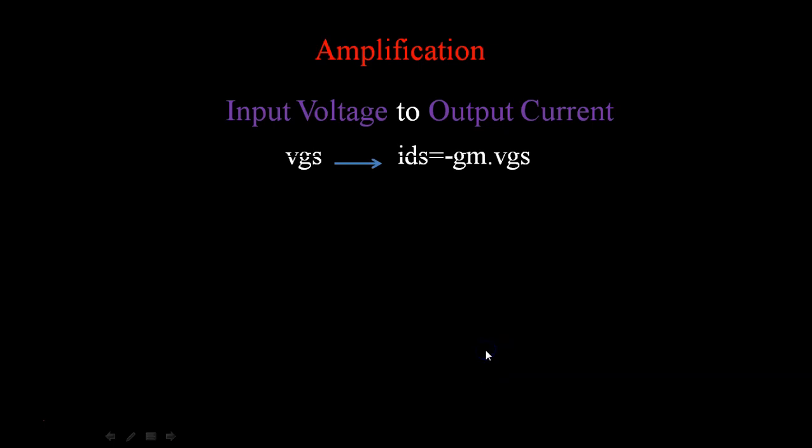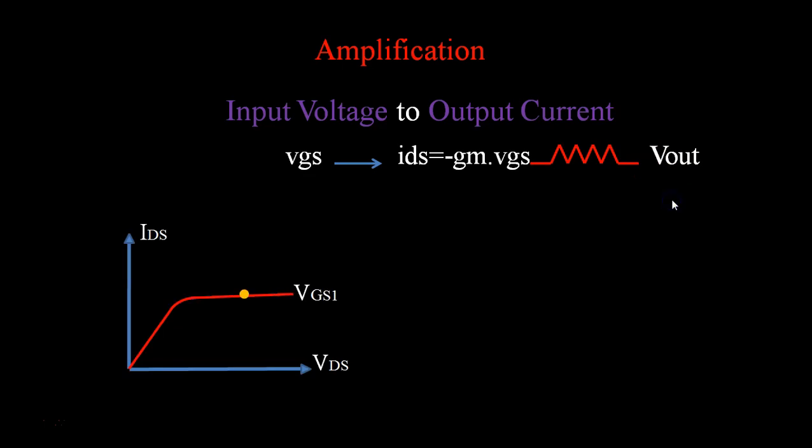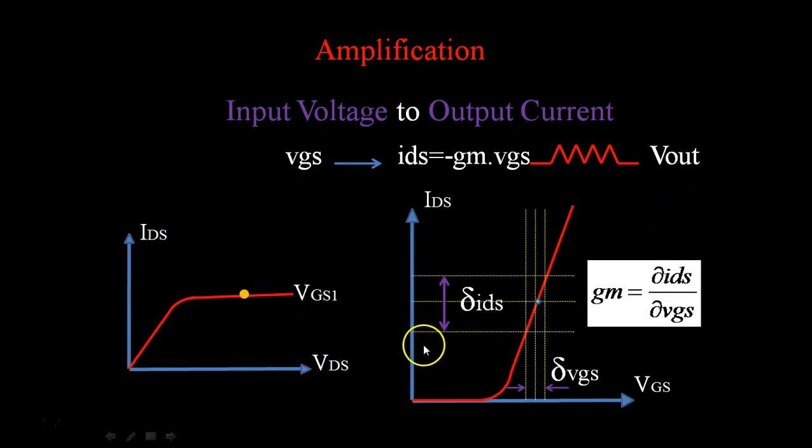So you convert vgs into ids, that is gm into vgs, and then this current can be passed through a resistor and converted into voltage. You bias the MOS in saturation, apply a small change in VGS, and the small change in VGS is connected to ids, and the output is given as gm into vgs. And gm is nothing but the differentiation of IDS with respect to VGS.